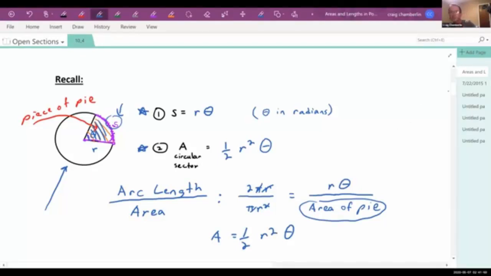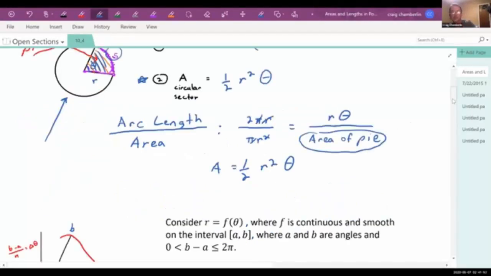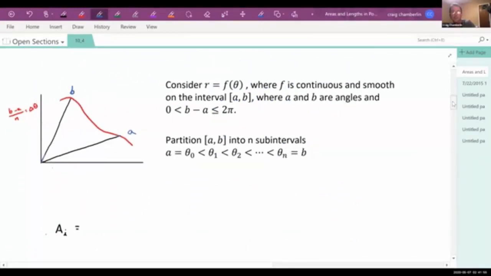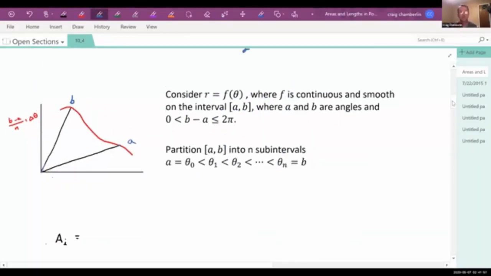Okay, so let's get to it then. I drew a wonderful picture for you ahead of time. What we're imagining here is that this curve in red is a polar curve. In other words, it can be described by an equation r in terms of theta, r equals f of theta.